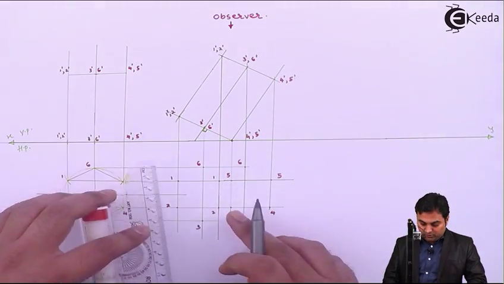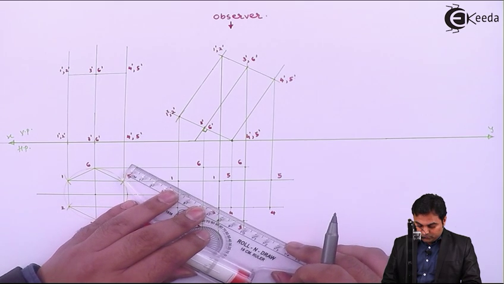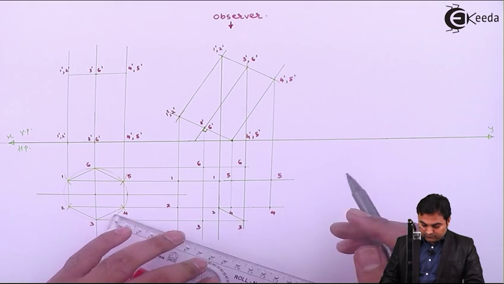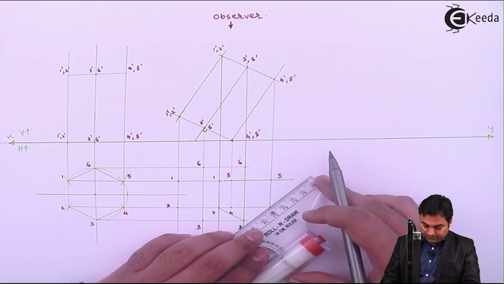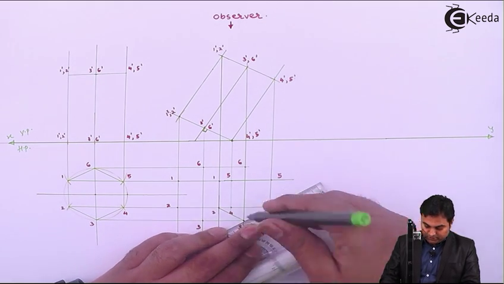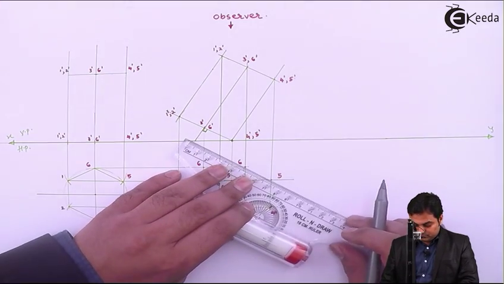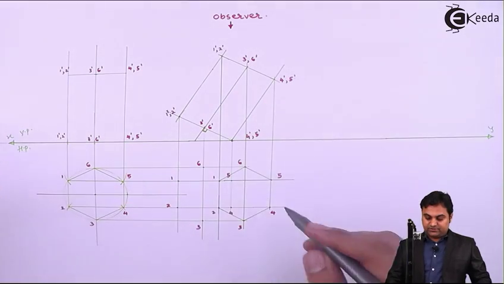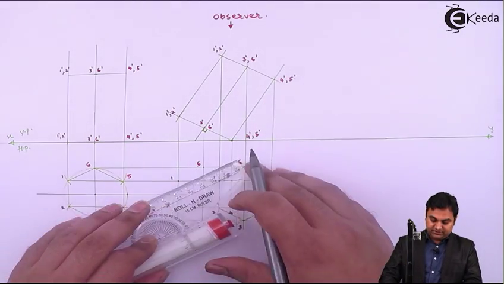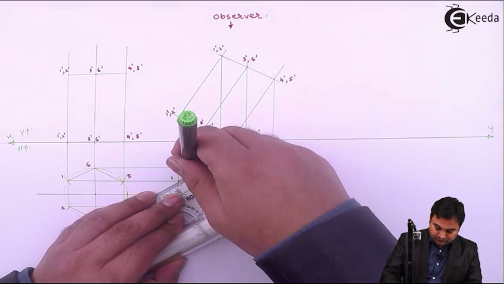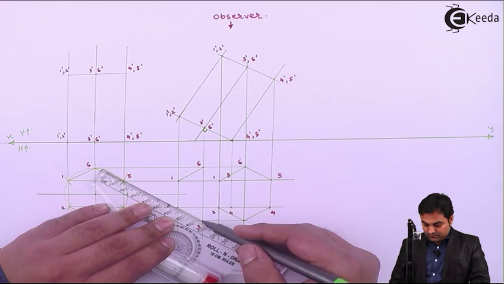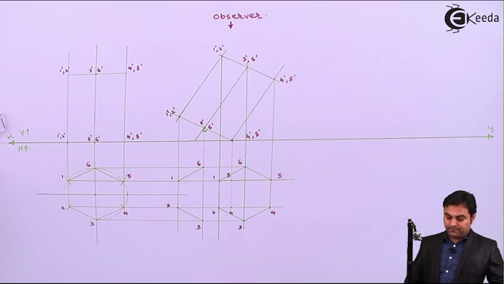So connecting 1 to 2, 2 to 3, then 3 to 4, and in order. Next 6 to 6 is connected, then 6 to 1, 1 to 2, then 2 to 3, and 3 to 3 is connected.